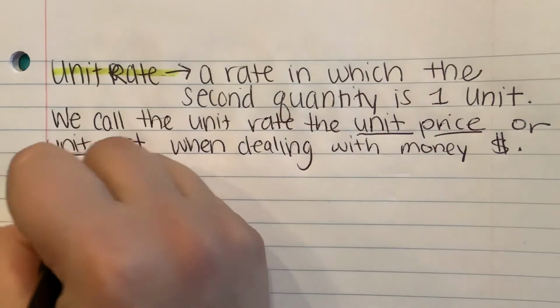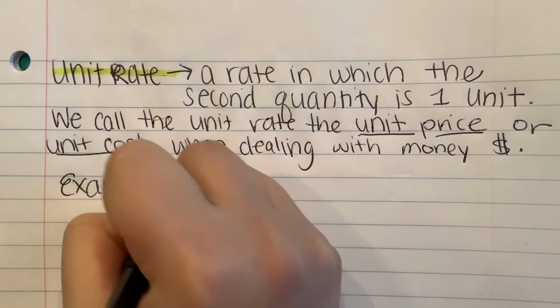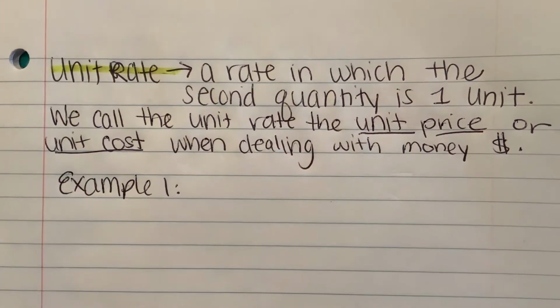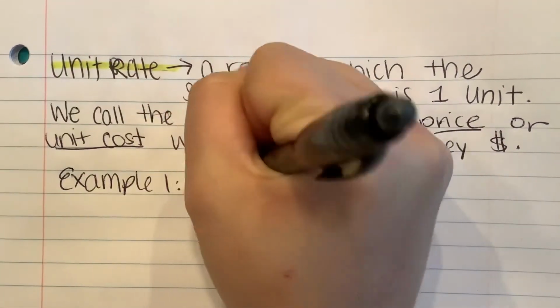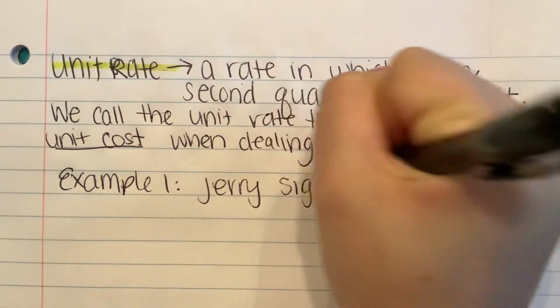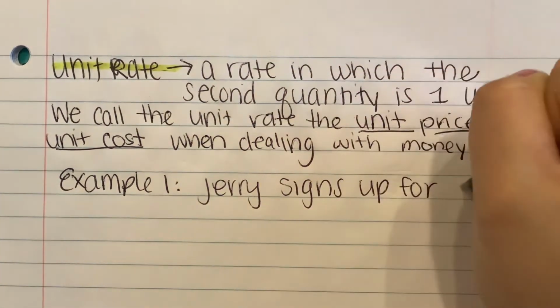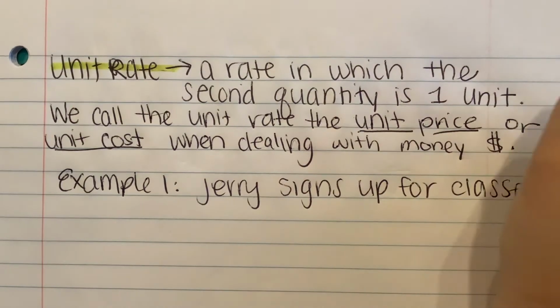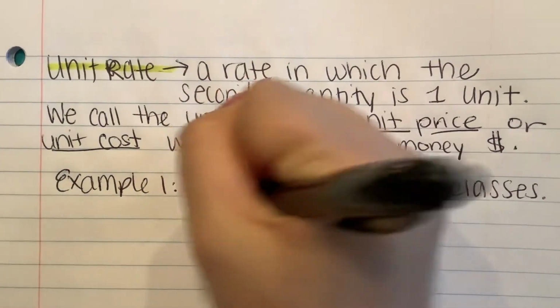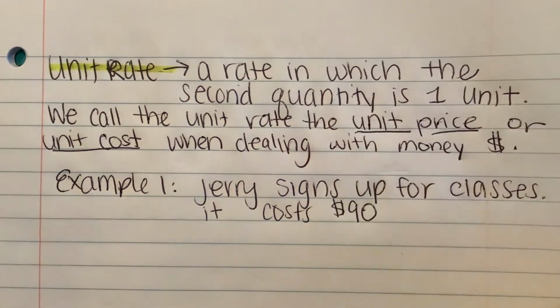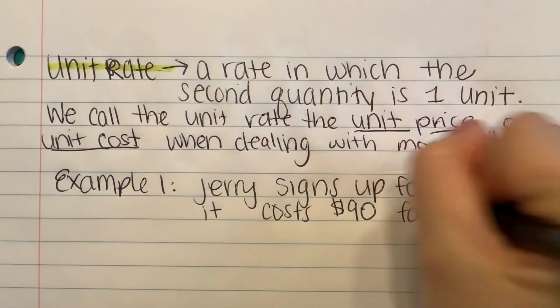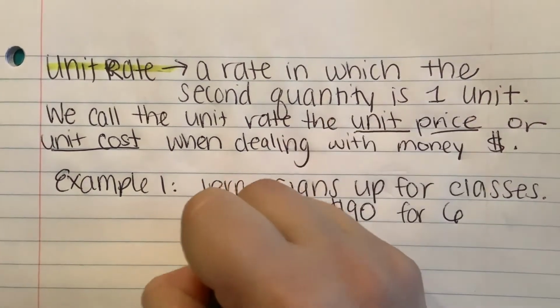Let's look at example 1. In example 1, we have a word problem. Jerry signs up for some classes. It costs $90 for 6 cooking courses.